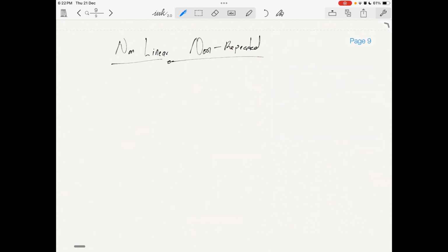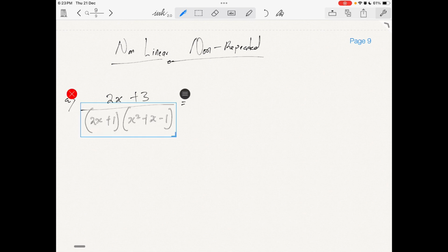Now let's consider the following examples. A: 2x plus 3 divided by (2x plus 1)(x squared plus x minus 1). We've agreed that the first question we ask is, are the factors at the denominator linear or non-linear?